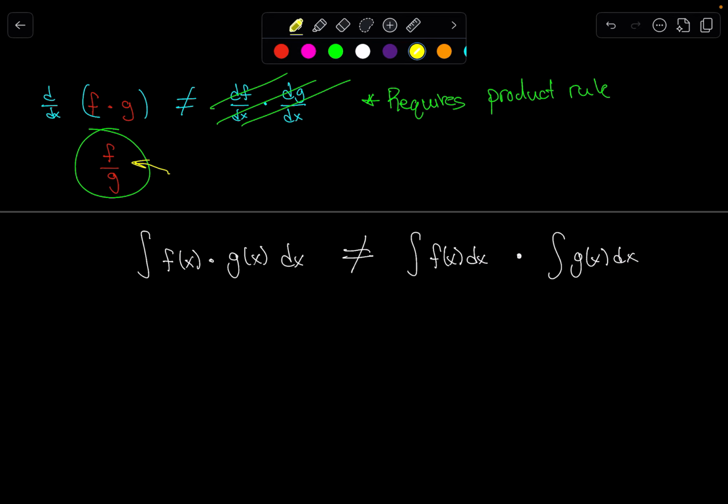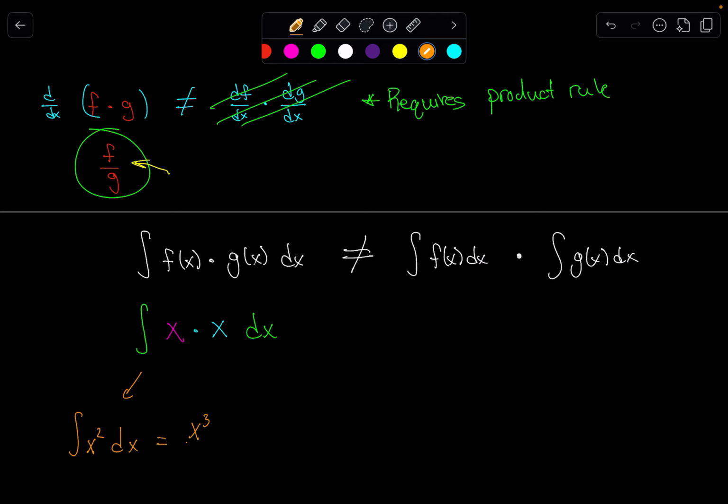If you wanted to see an example of where this fails, just pretend I have the integral of x multiplied by x dx. On the one hand, this is just the integral of x squared dx, which we should get x cubed over 3 plus c. That's what we should get. But if you think that this is the integral of x dx, and then you multiply that by the integral of the other x dx, well, each of those answers is going to give you x squared over 2 plus c.